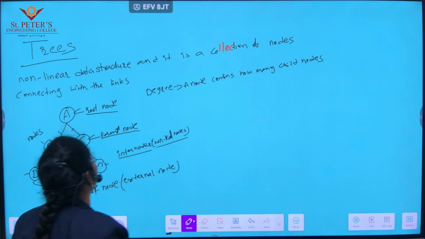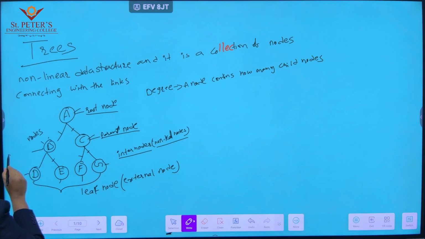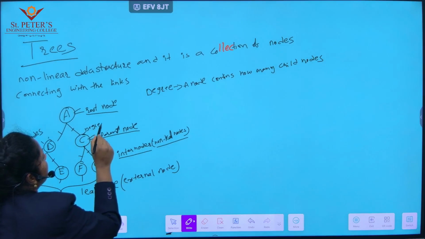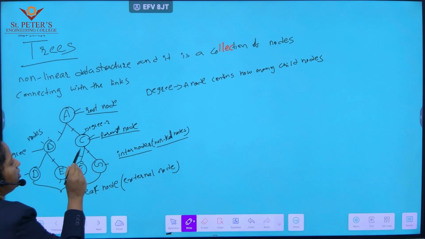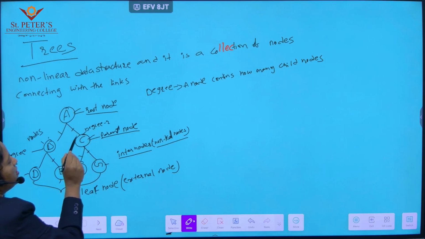For example, what is the degree of B? Here the degree of B is 2, because B has 2 child nodes here. And the degree of C is 2. C also has 2 child nodes.